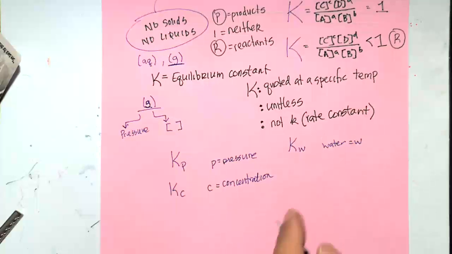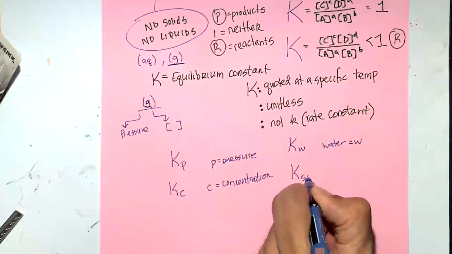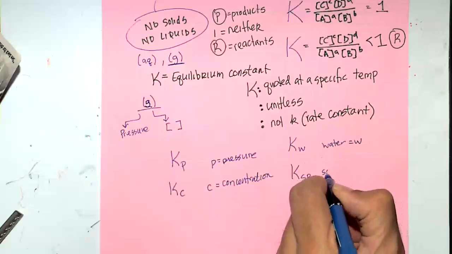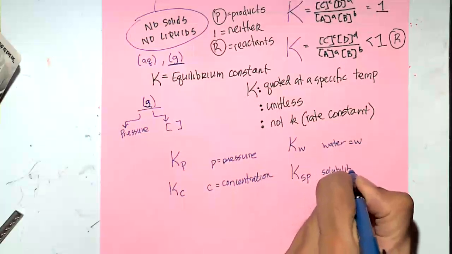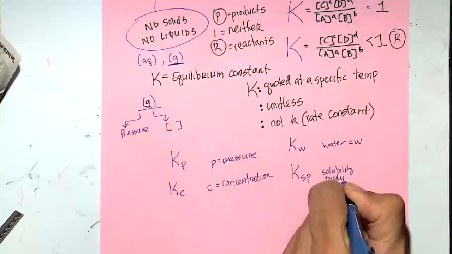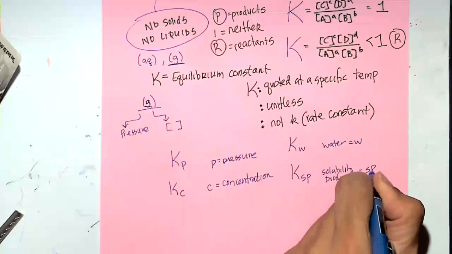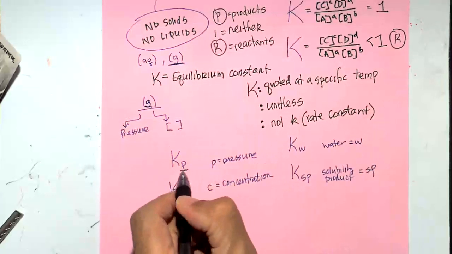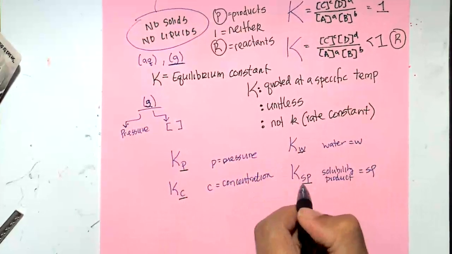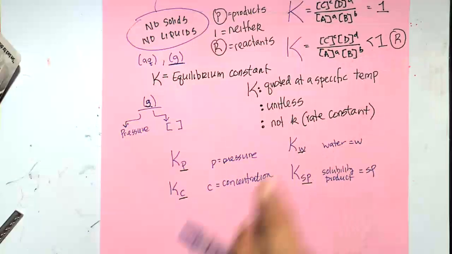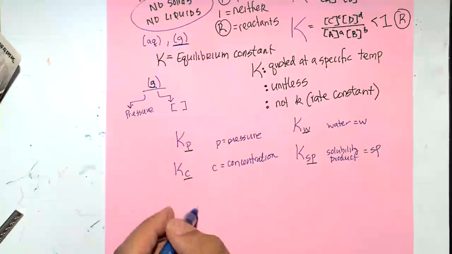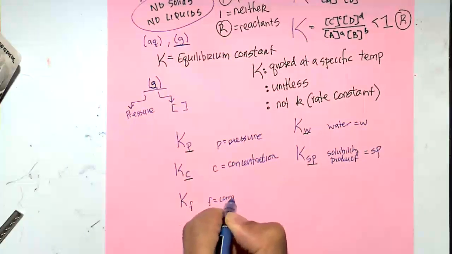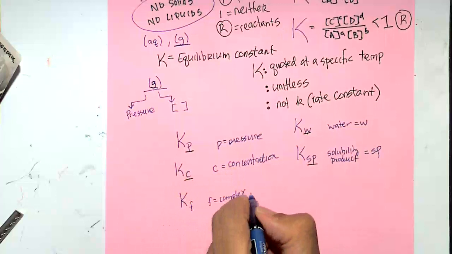Here, W equals water. There's something called KSP. This is, again, chapter 16 or later on. This is called the solubility product. Much later on in the chapter. They have a lot of different subscripts. I'm not going to teach this to you, but there's something called KF, which is called complex ion formation, which I decided not to teach you.